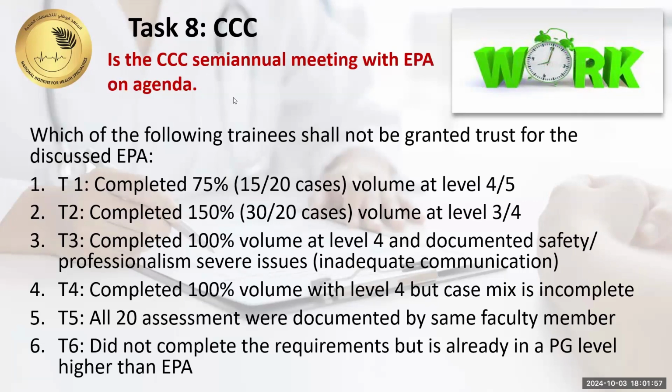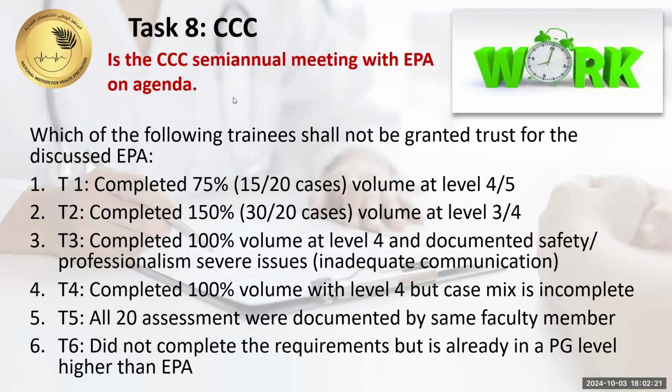When the T2, I shall look into the progress in those 30 cases. Because if the first 20 cases were level 3, and then the next 10 cases were level 4, it's a very clear improvement. Maybe I would give another chance for 10 more or 5 more and see how it works.